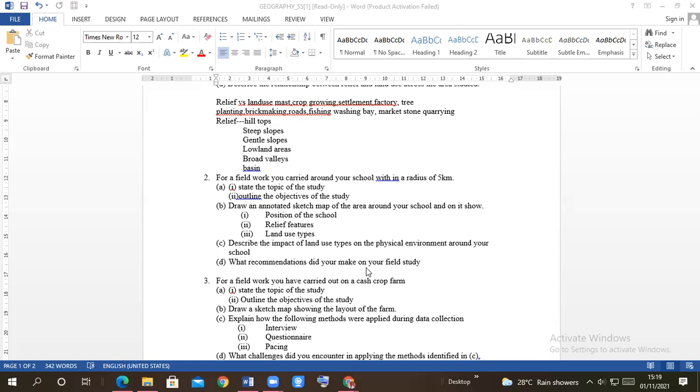I recommended them to construct a police booth to curb crime in the area. I recommended them to pour water on the road in order to avoid dust. I recommended them to put road humps or signs to avoid accidents of children.